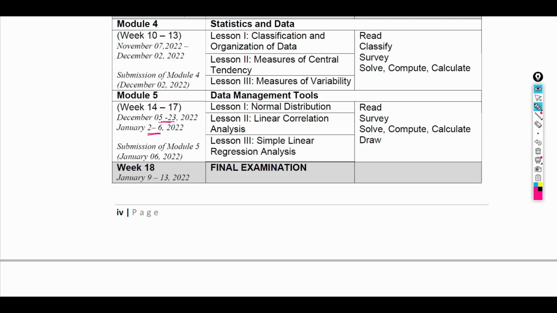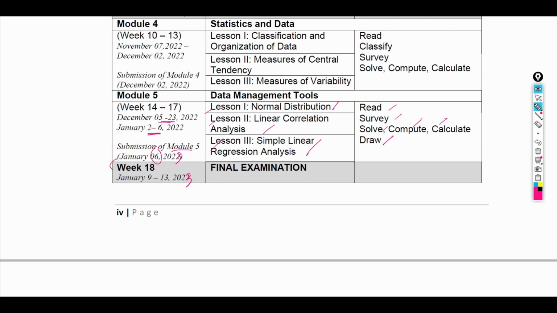There will be lessons 1, 2, and 3, and we will be discussing the normal distribution, linear correlation analysis, and lastly, the simple linear regression analysis. Students are expected to read, survey, solve, compute, calculate, and draw. Take note of the deadline for Module 5: January 6, which should be 2023, next year.